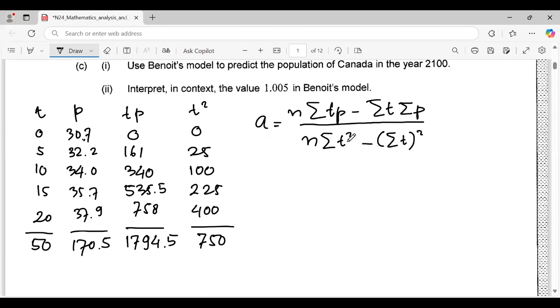So the difference is sigma T squared and sigma T, squared, right? If you substitute these numbers into this formula, you will find the result. I have calculated this: 0.358.